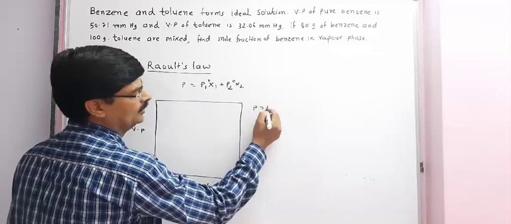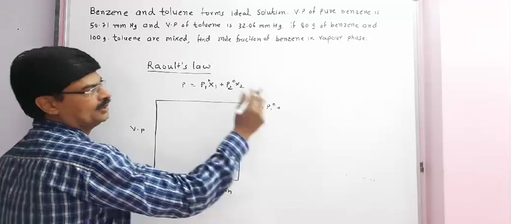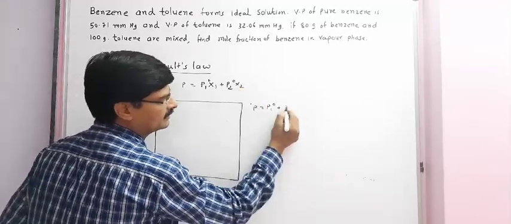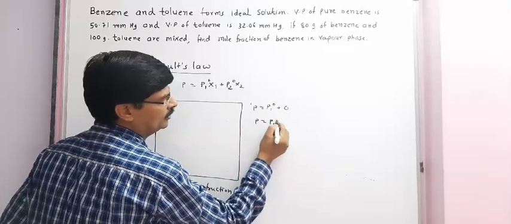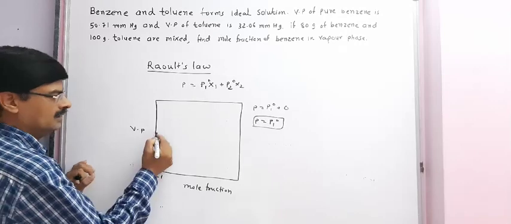X2 is equal to 0, so this term will become 0. So we will get P is equal to P1 naught.